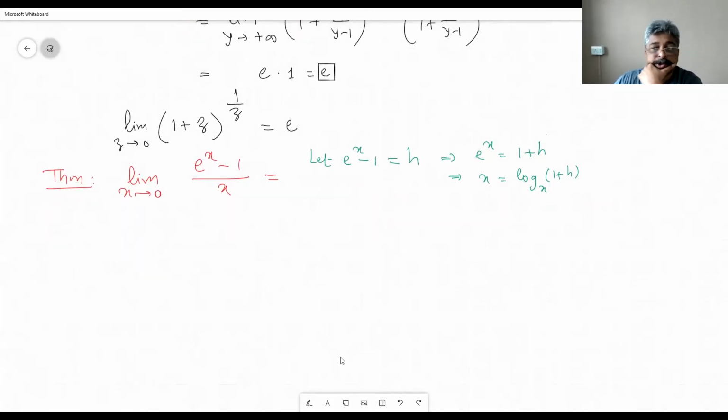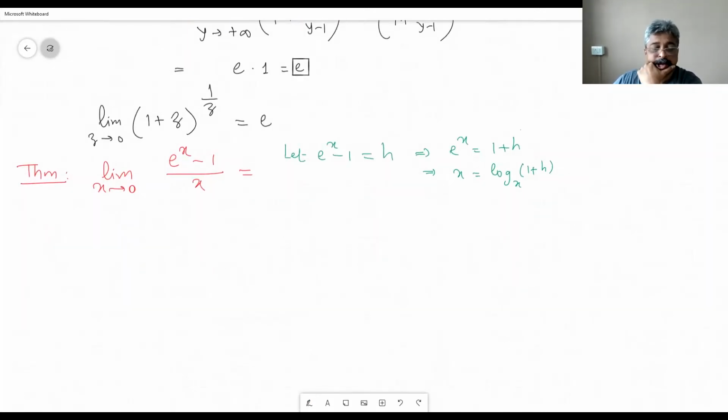If we substitute it in this, what do we get? Here we have to do this analysis also when we do substitution. As x tends to 0, h tends to 0. Okay? Because e raised to 0 is 1, minus 1, h becomes 0.